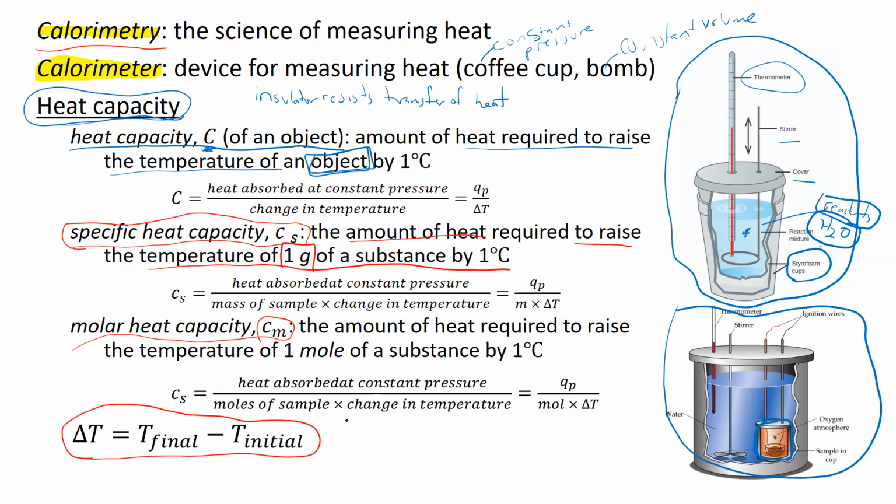So when you look at delta T in terms of degrees Celsius, a delta T in degrees Celsius will be the same as the delta T in Kelvin, because this is a final minus initial, right?